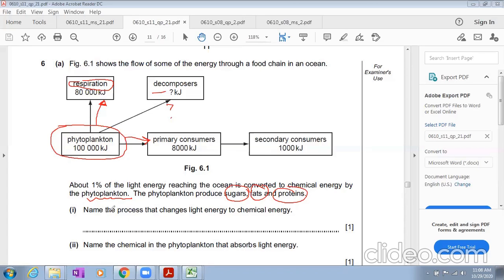Question number one: name the process that changes light into chemical energy. Photosynthesis. All right, very good.